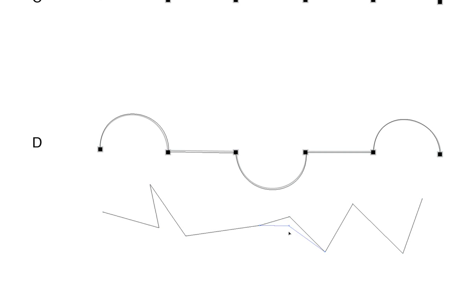So you can certainly move anchor points or line segments. And at any time, if you wanted to adjust a curved line segment, you can click on the line segment in order to see the direction lines, and then just click and drag on a direction handle in order to change the shape of that curved line segment.